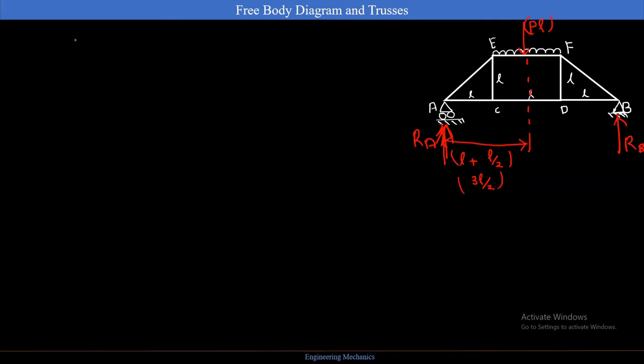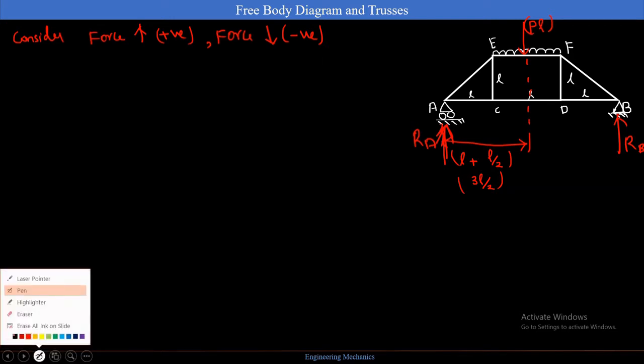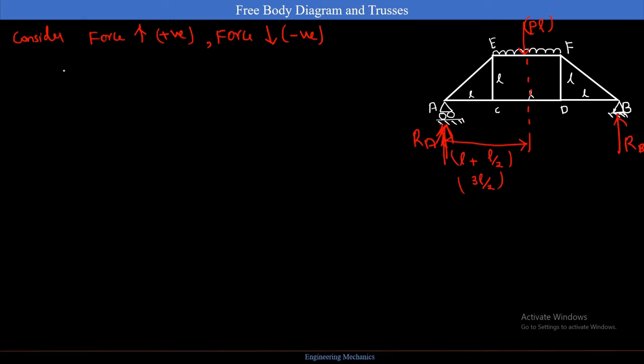In order to find this, I am going to consider whichever force is acting upward as positive, and force acting downwards as negative. Until I complete the problem, this is going to be my rule. RA is acting upward, so I am going to take plus RA. RB is also acting upward, so plus RB.